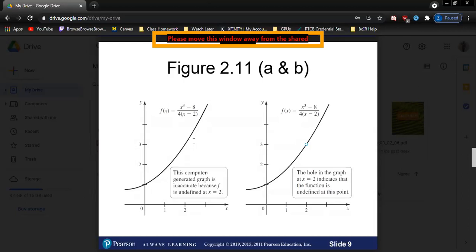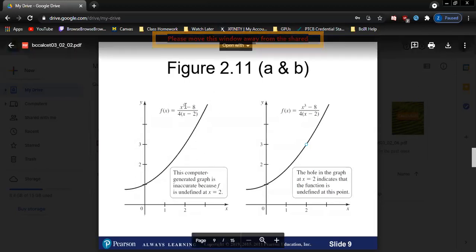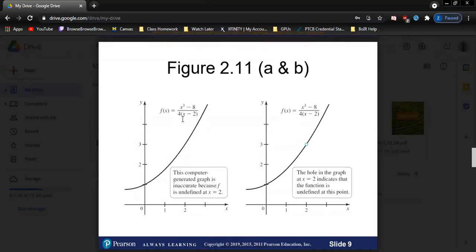Don't look at the graph, don't look at what we have in the box, just look at the function, and try to imagine a value of x for which you will not get a defined value. Can you imagine a value of x which gives you an undefined or infinite value?